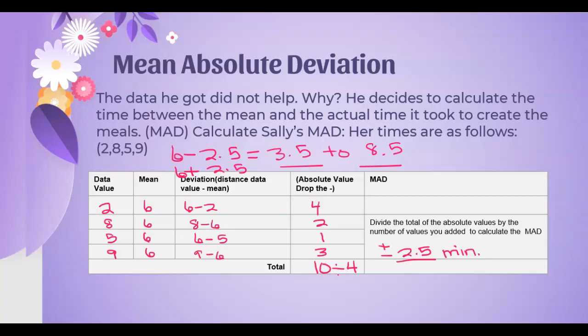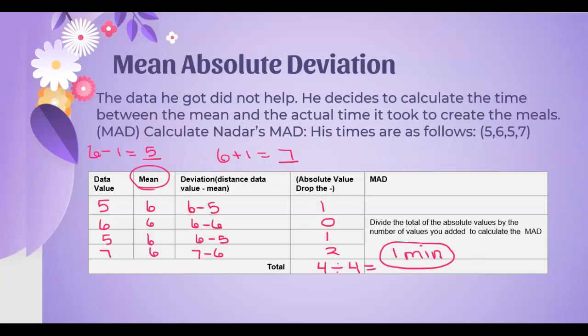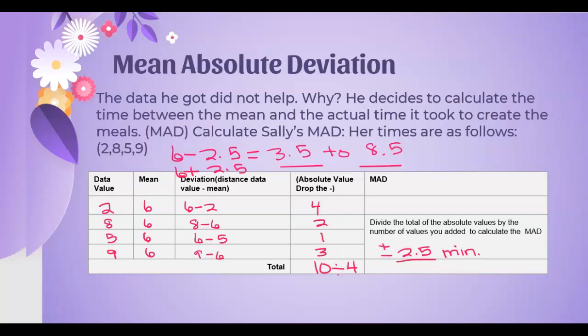Who would you hire? Would you hire Nader, who is more consistent? He's between 5 and 7 minutes. Or would you hire Sally, who would be anywhere between 3.5 to 8.5 minutes?